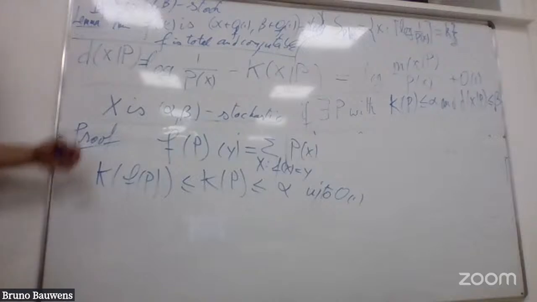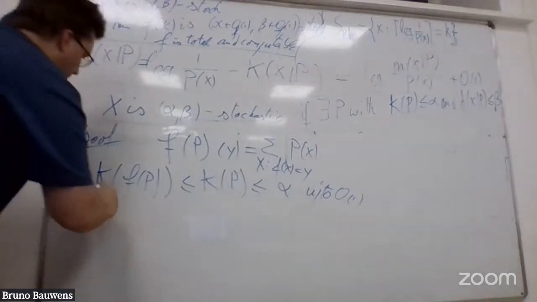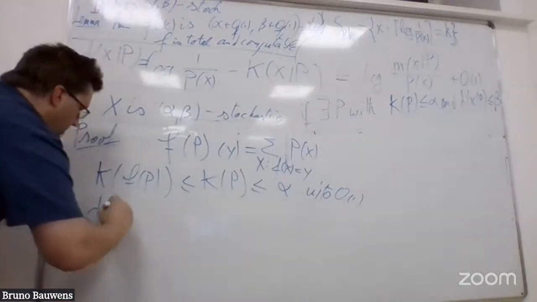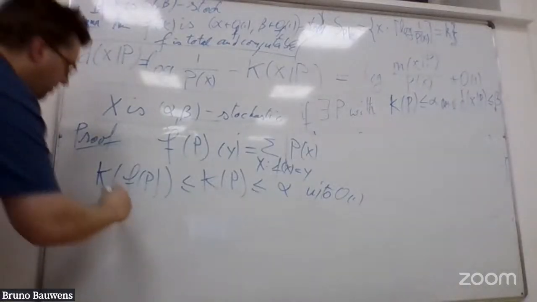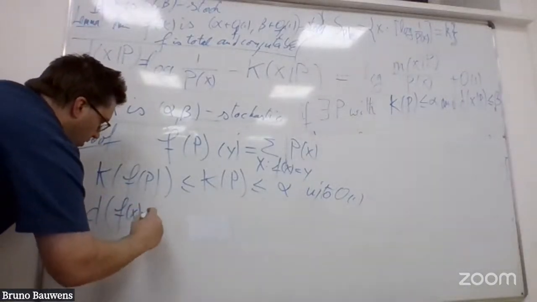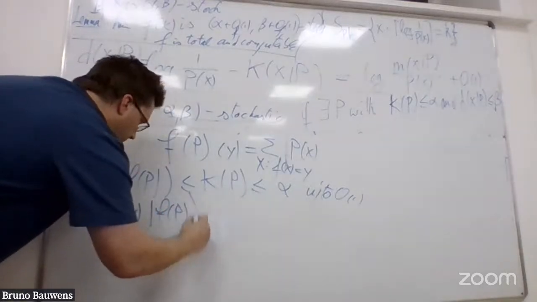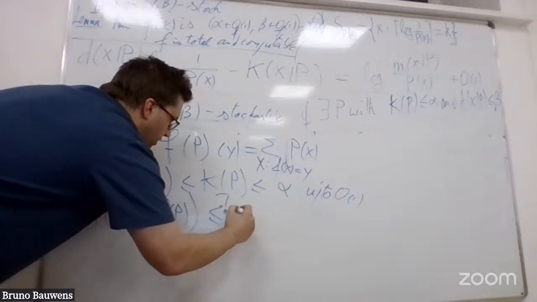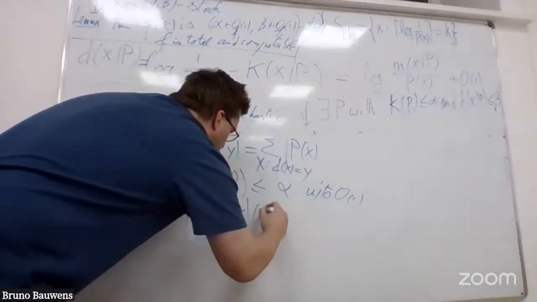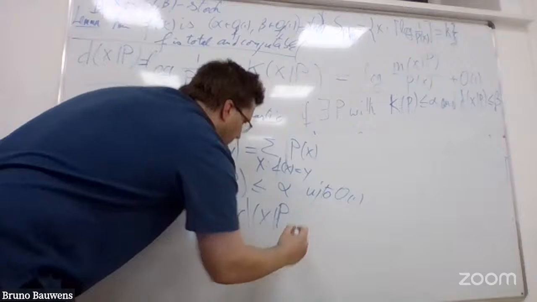And now we have to check that the randomness efficiency is smaller. So we have to check that d of f of x given f of p, so this is what remains to be proven, is smaller than d of x given p.